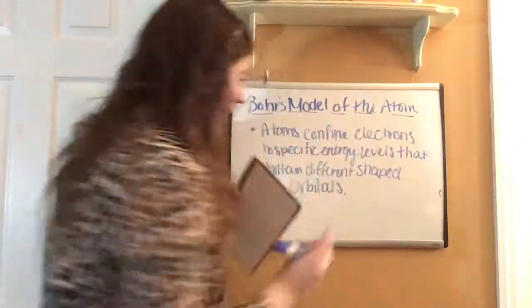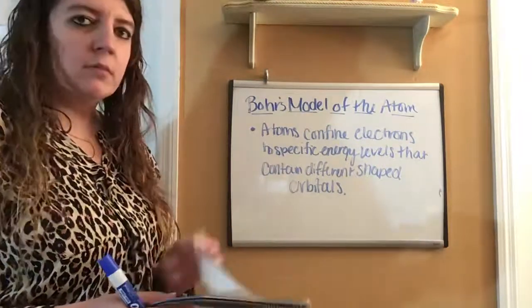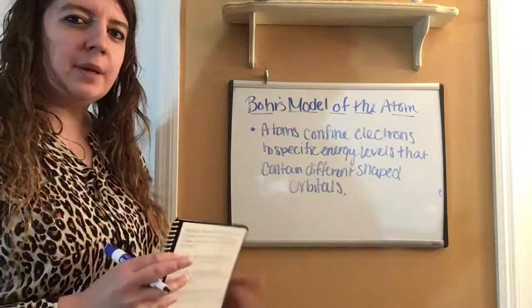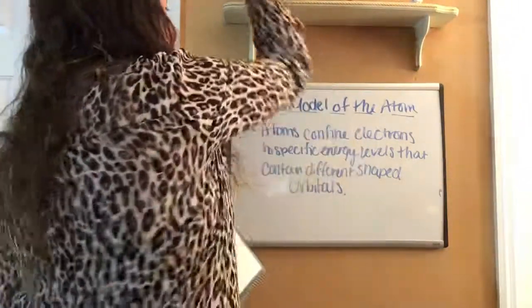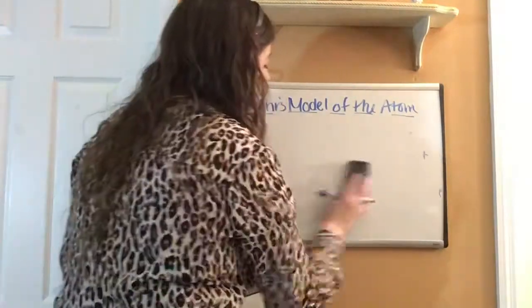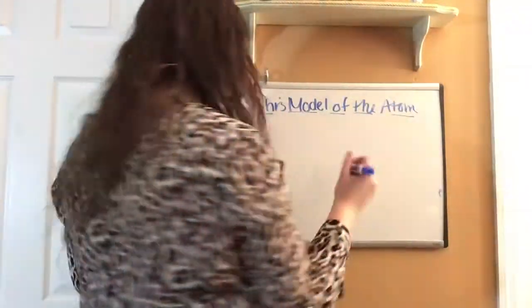Okay? So that's what Bohr said. He was like, well, they don't do that, so there's got to be a mathematical reason behind it, did a bunch of math, and figured it out. So his model looks something kind of similar to this. Now, it's much more complicated than just this, but this is the idea.